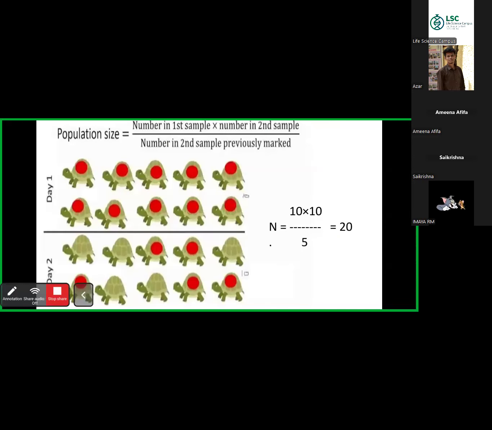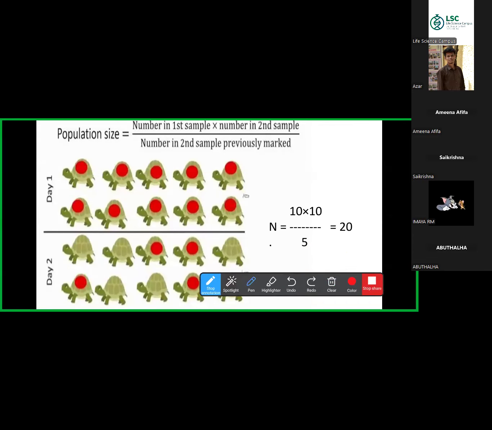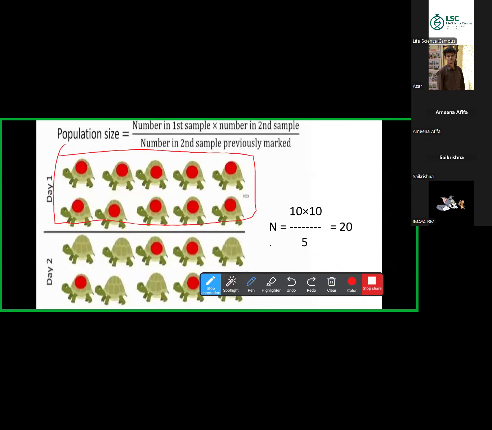Can you see this figure? So in this particular example, in day 1, total number of captured individuals is 10. This red color indicates tagged individuals. After tagging, these tortoises are released into their natural habitat and they freely mix with the unmarked individuals.